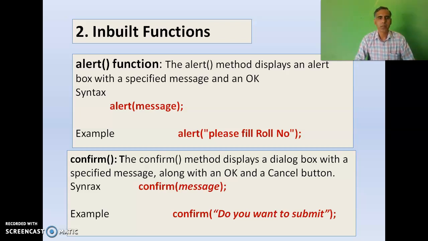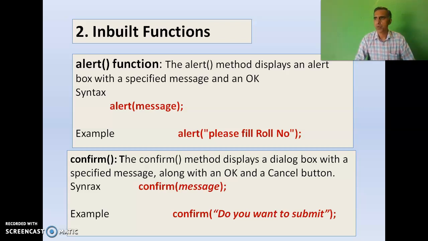We discuss some important functions of JavaScript. The first one is the alert function. The alert method displays an alert box with a specified message and an OK button. The syntax of this function is alert(message). For example, alert("please fill roll number").